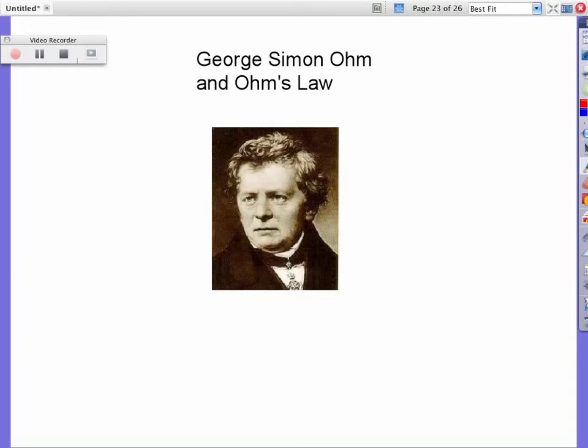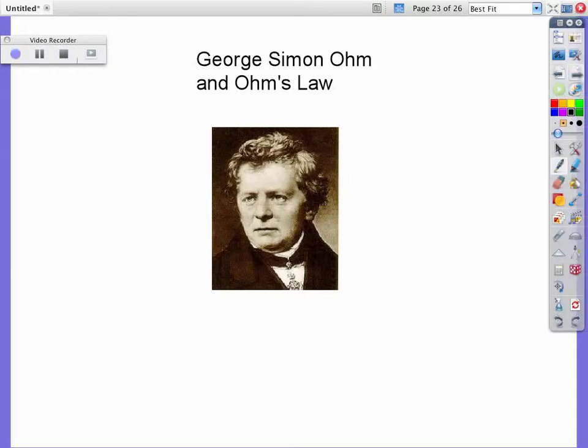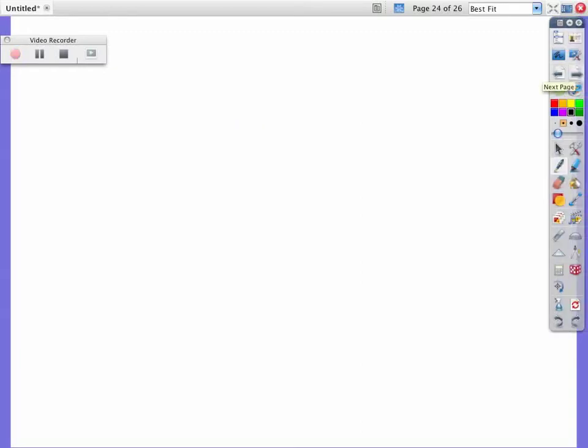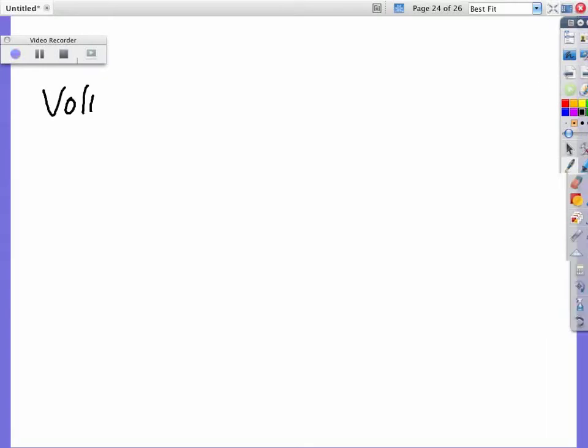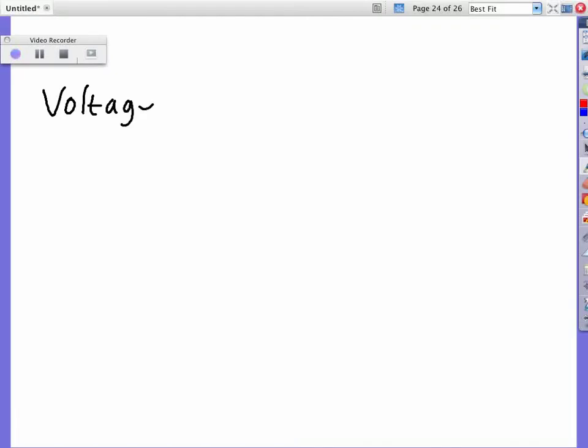George Simon Ohm first considered three things inside of electrical circuits: the voltage, the current, and the resistance.